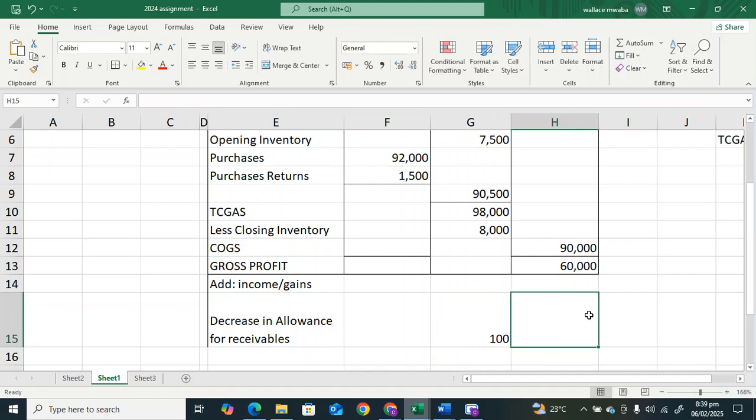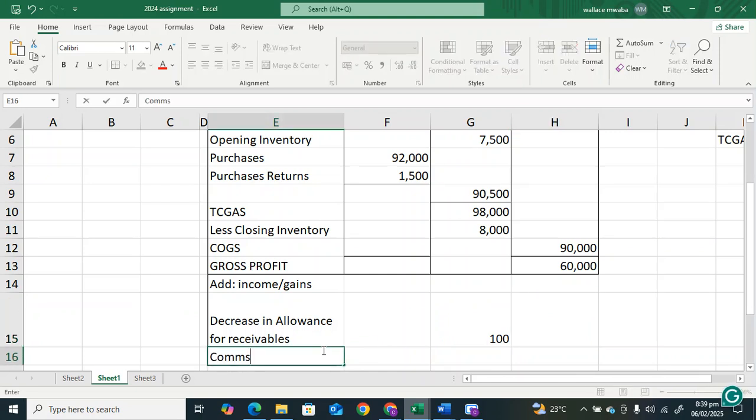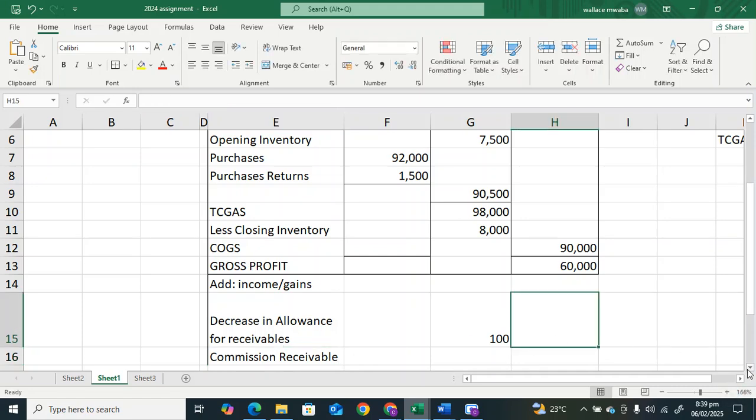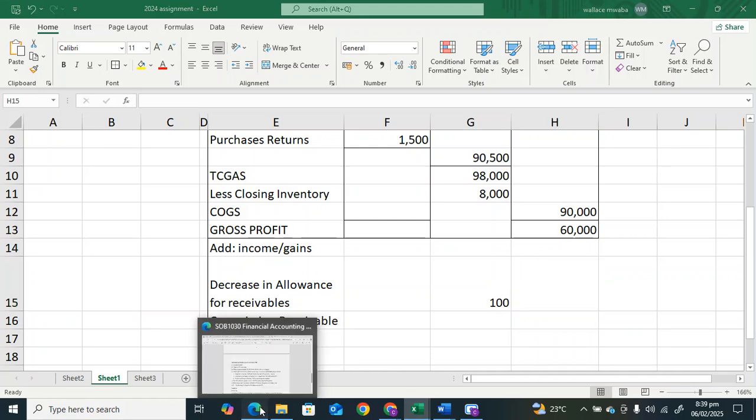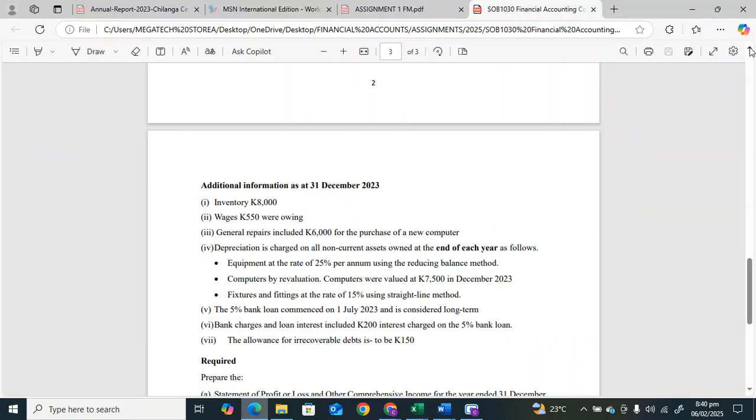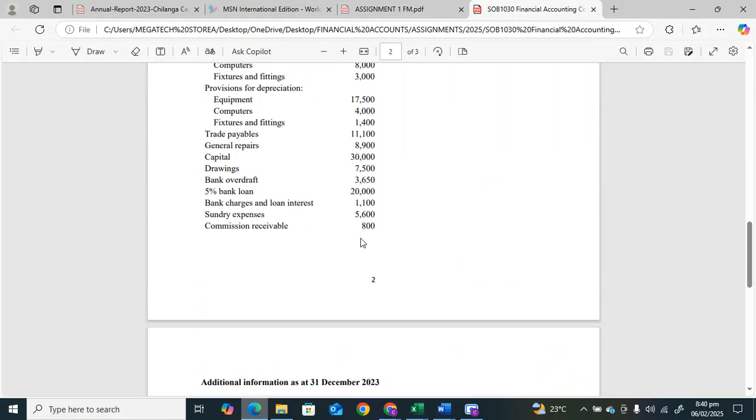Colleagues, what other form of income do we have in this question? Do we remember the other one? Yes, commission receivable, 800.